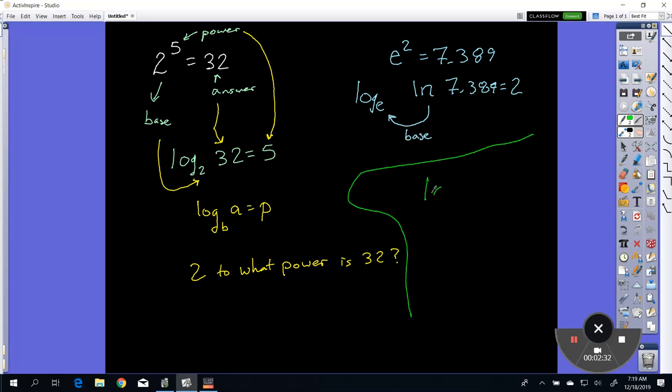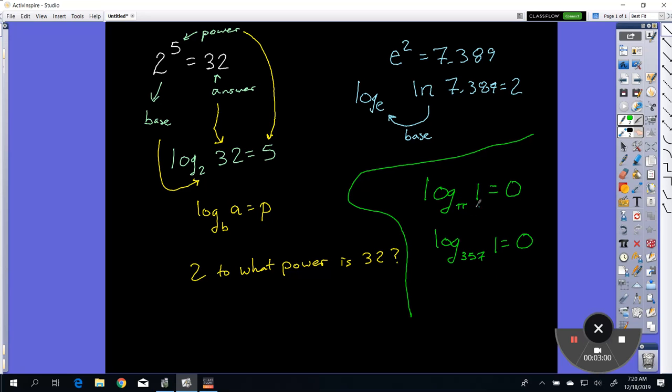Okay, figure this one out. Regardless of what the base is, if that's 1, what is it? Answer is 0. Because anything to the 0 power is 1.